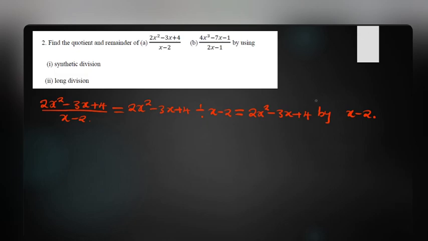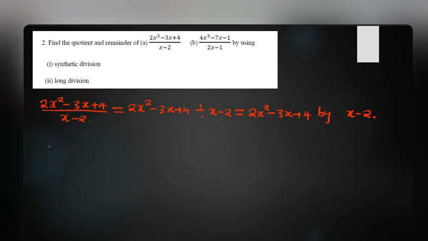So we'll start with synthetic division and also end with long division, but the answer has to be the same, whether you use synthetic division or long division. So I'll start with synthetic division.